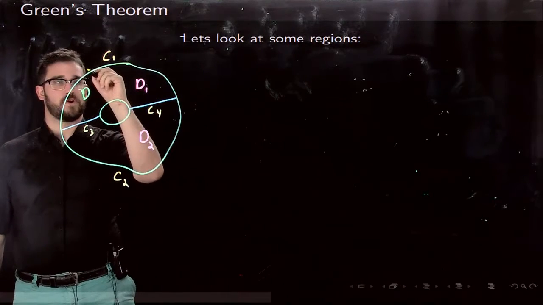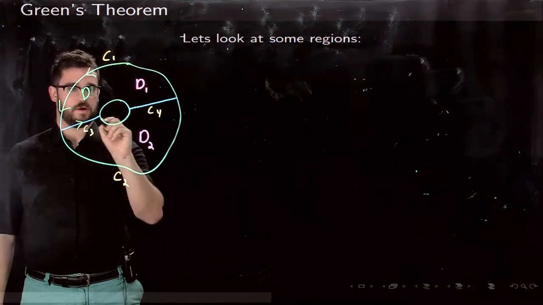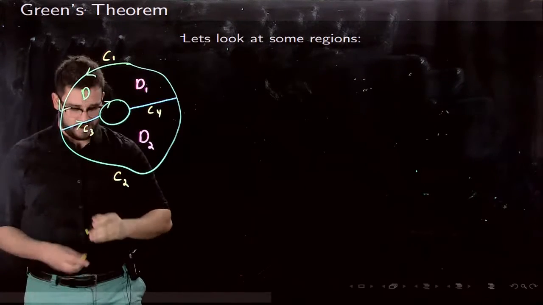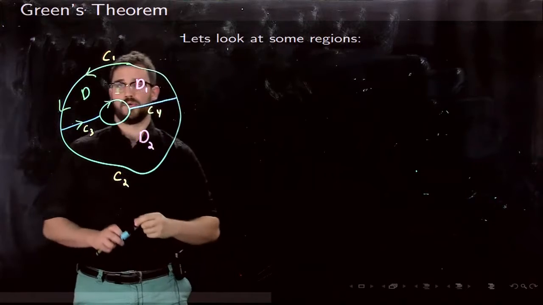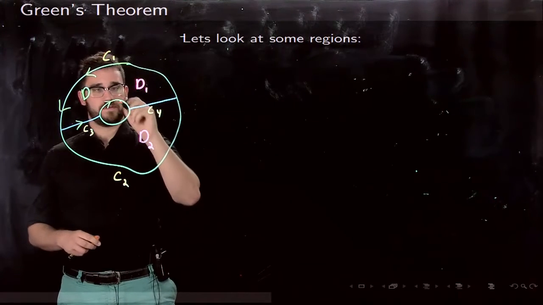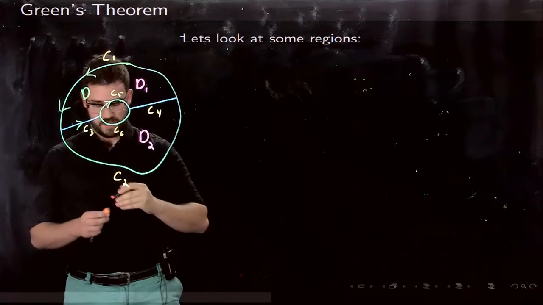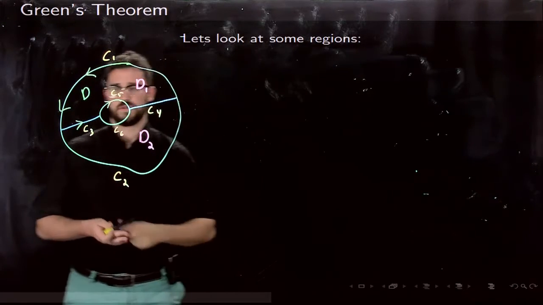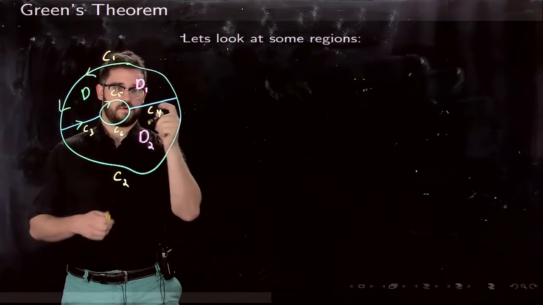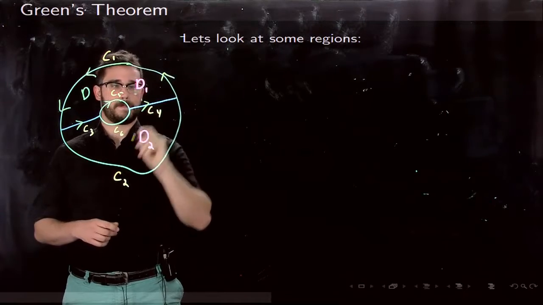So, positive orientation, we follow here, here, here. Ah, we forgot about a spot. So let's call this C5 and this C6, right? So we go around here, we go to here, and then we're back up here.